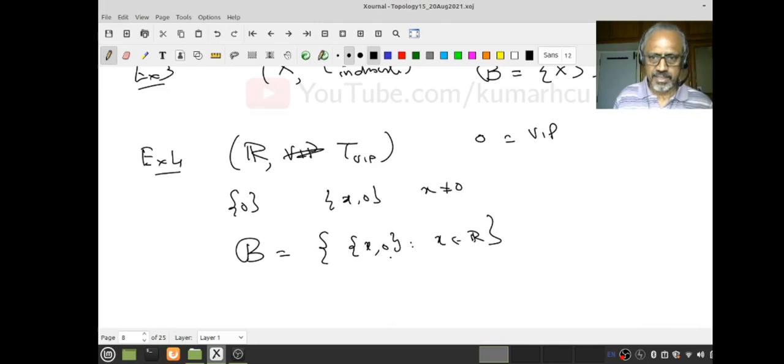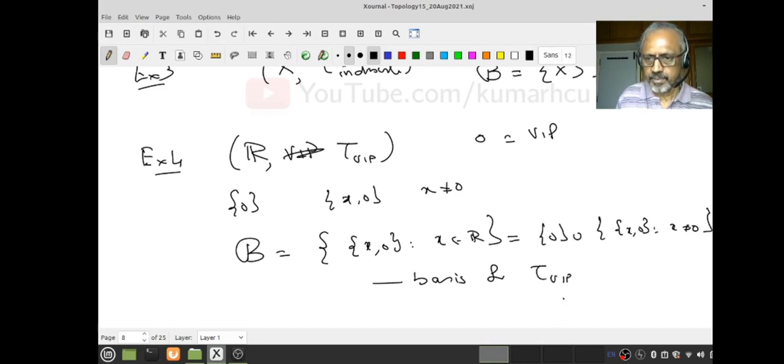Do you understand that? Therefore, this is a correct statement. If you don't like it, I will write it like this. So this is a basis for the VIP topology. So pause, review, proceed.